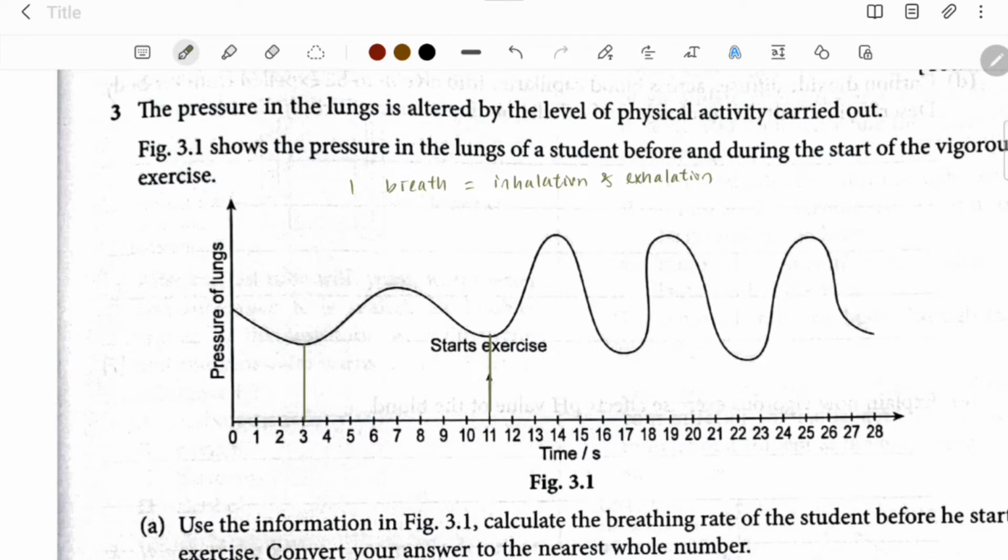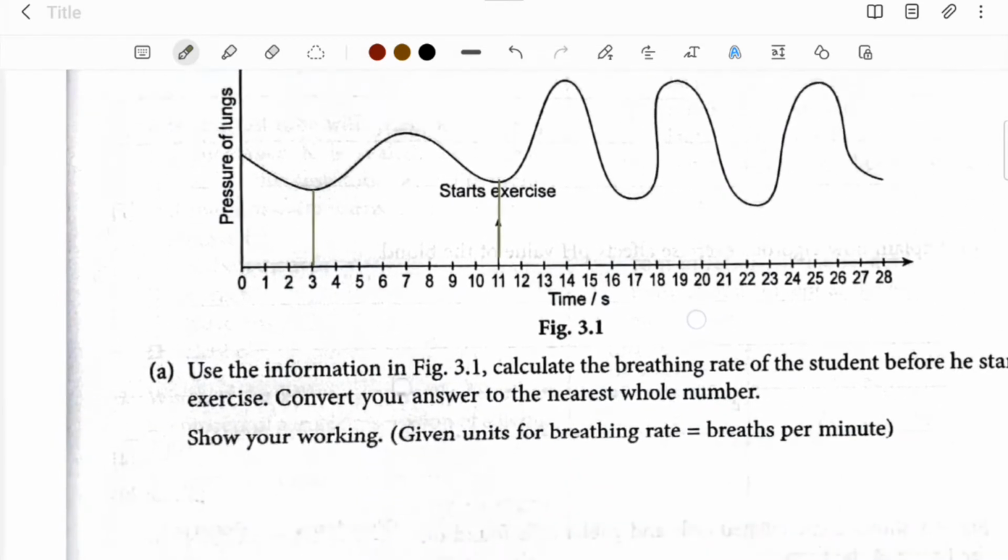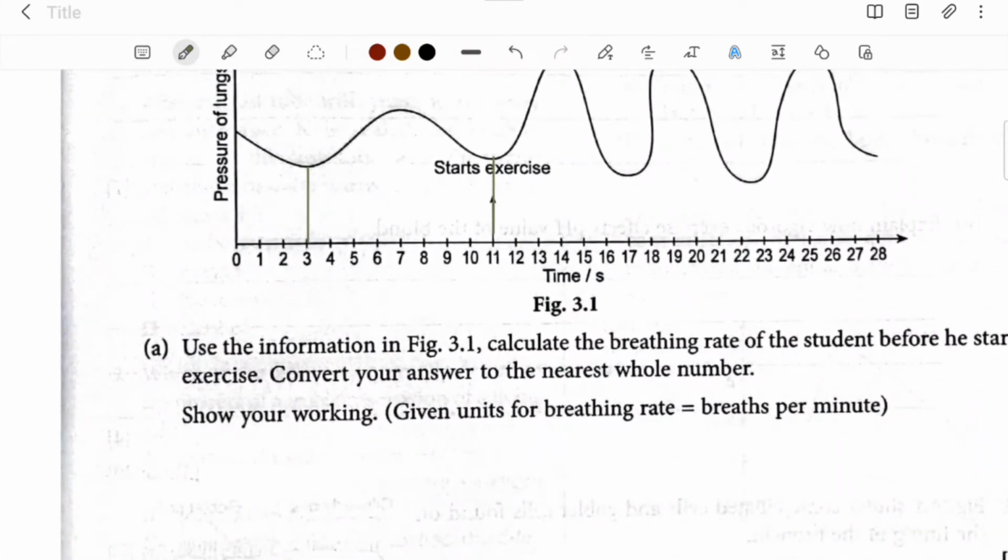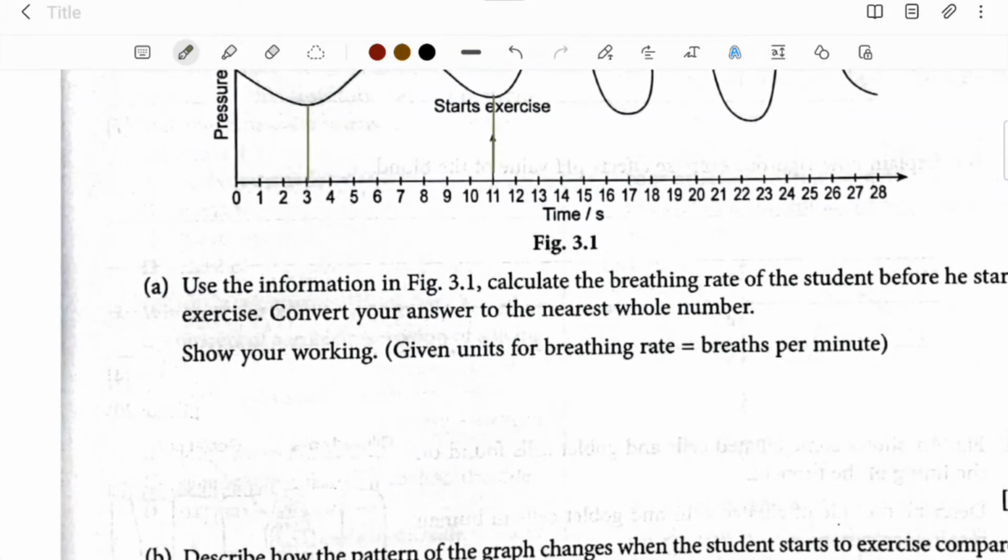So you have to write one breath, how many minutes, how many seconds here. So this one, breath per minute, 60 seconds.